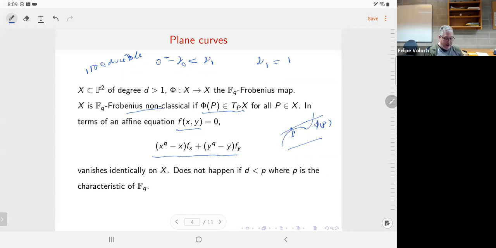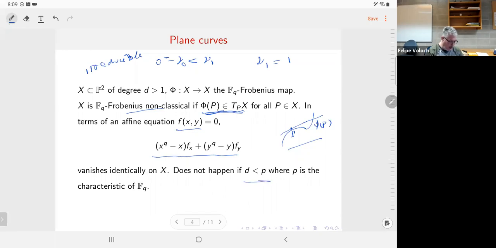And this polynomial vanishes exactly at those points, because you can work out the equation of the tangent line for a plane curve. It's elementary geometry. So you plug in the Frobenius and you get that. So the curve is Frobenius non-classical if this polynomial vanishes identically on the curve, and it's Frobenius classical if it doesn't.